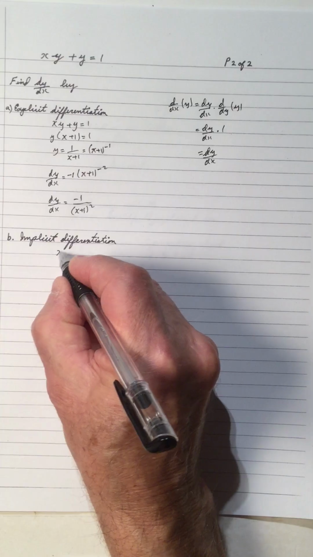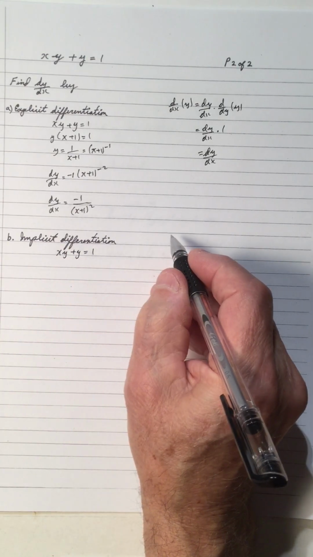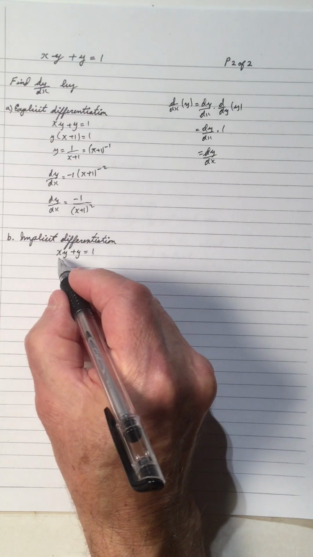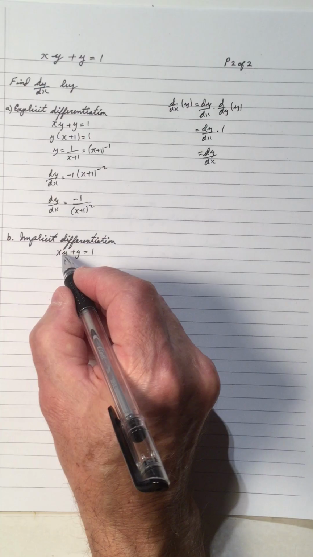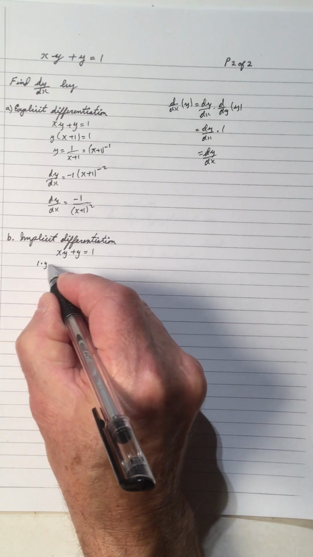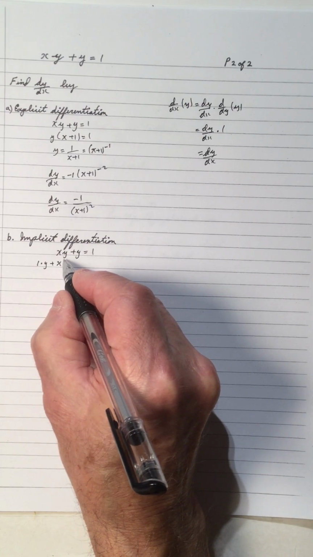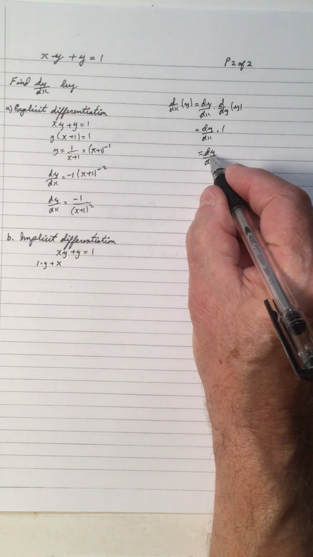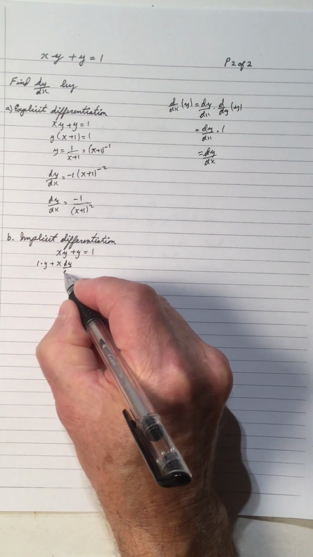Now implicit: I don't need to solve the equation for y. So I'm taking the derivative of xy, that's the product of f and g. The derivative of x is 1 times y, plus x times the derivative of y, which is dy/dx.